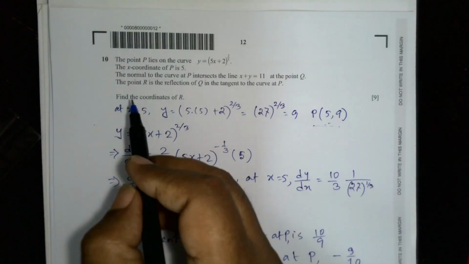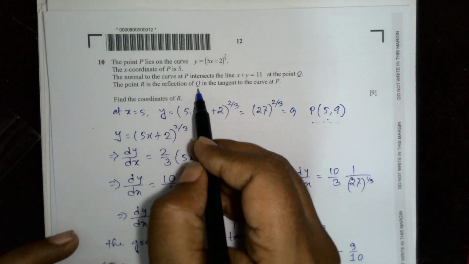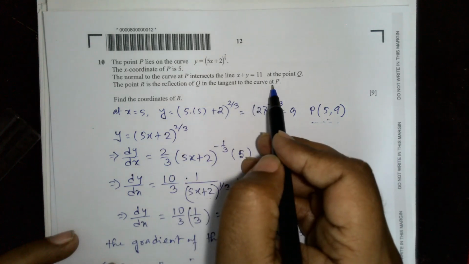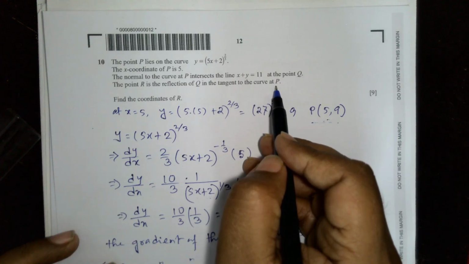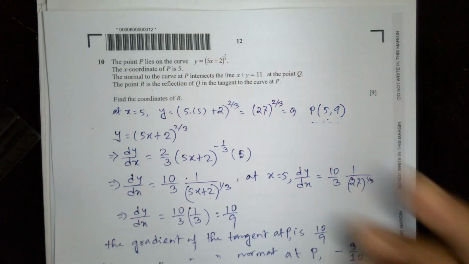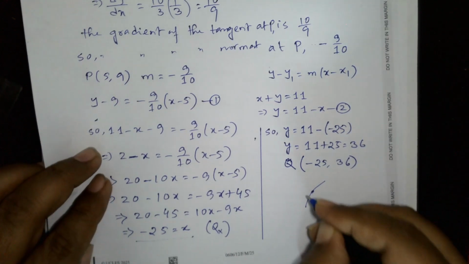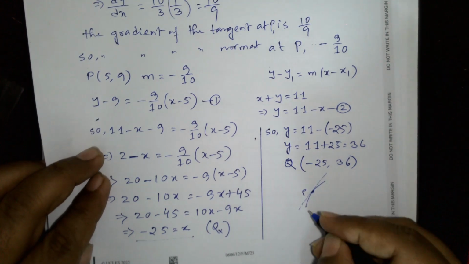Let's read the line: the point R is a reflection of Q in the tangent to the curve at P. That means the tangent line will work as a mirror line, and P should be the midpoint between Q and R. If I have a curve like this, here it's P, and if you draw a tangent line, this is a mirror line.